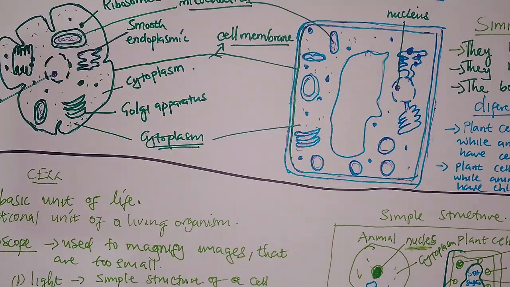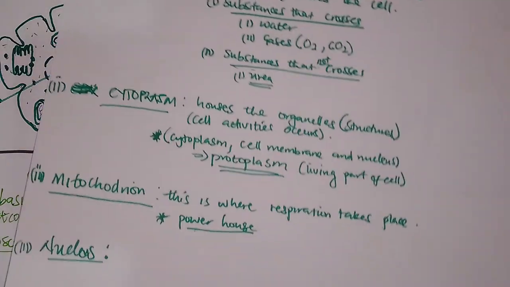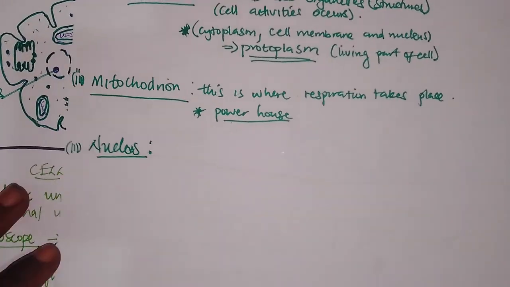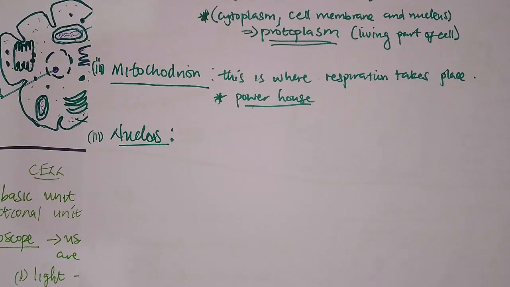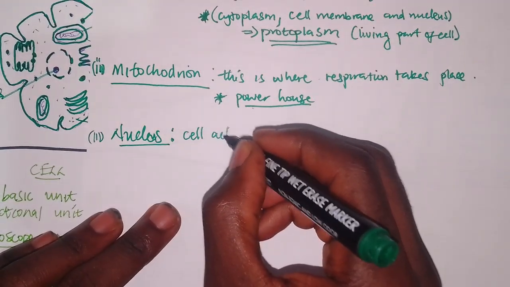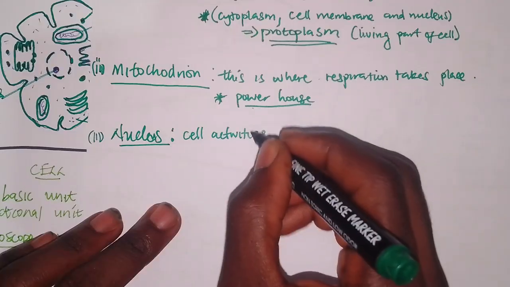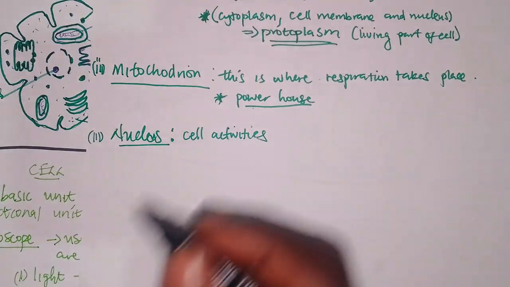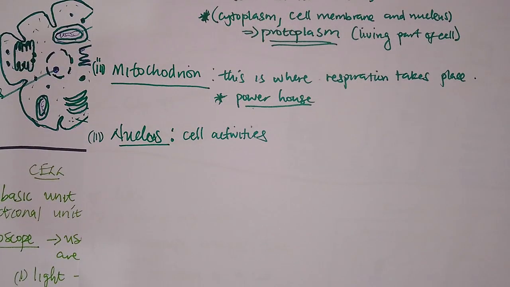Yeah, so now that you have seen how the nucleus looks on the diagram, we can now discuss the function of the nucleus. So what is the function of the nucleus? The nucleus is responsible for controlling cell activities. So whatever is happening inside the cell is controlled by the nucleus. That is the first function.